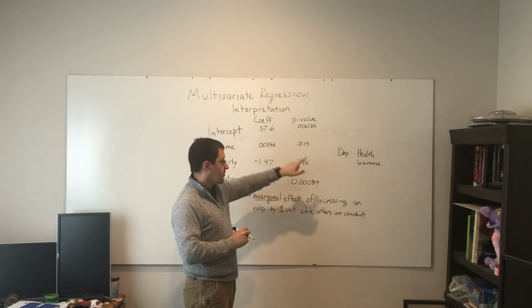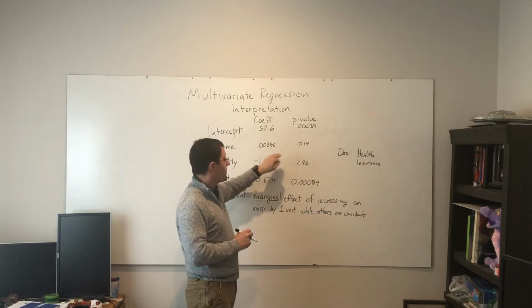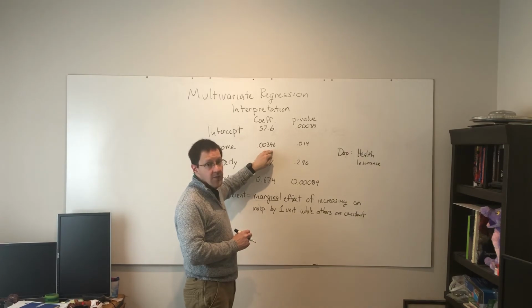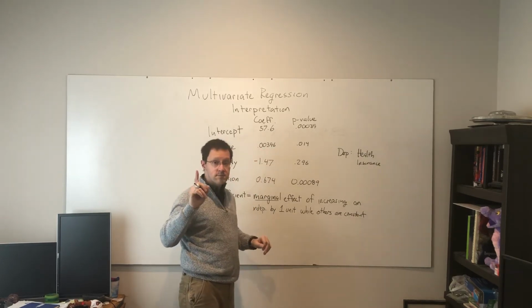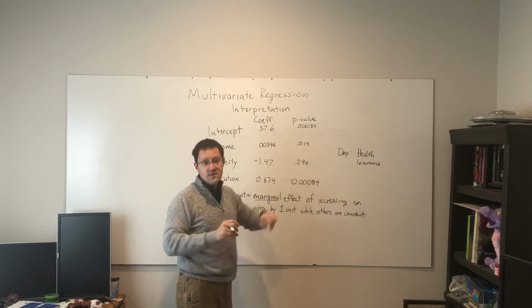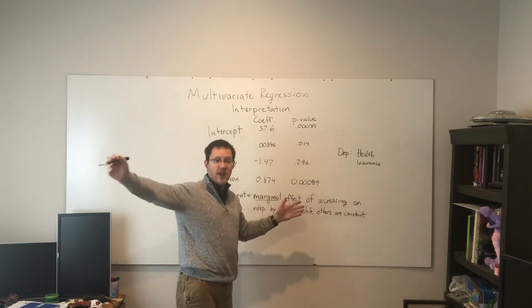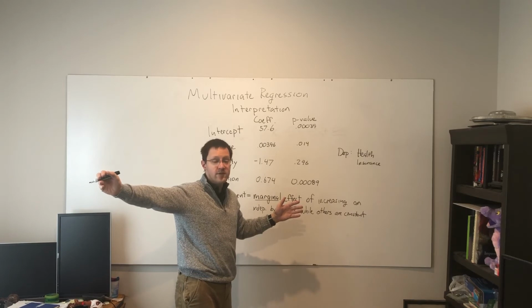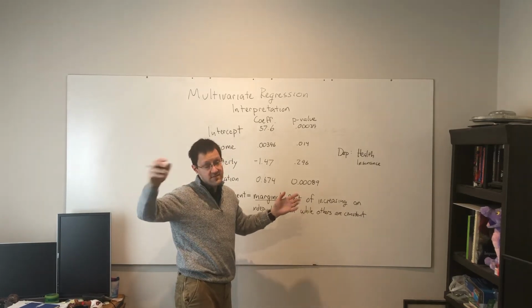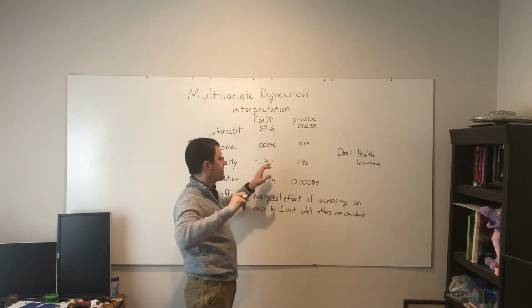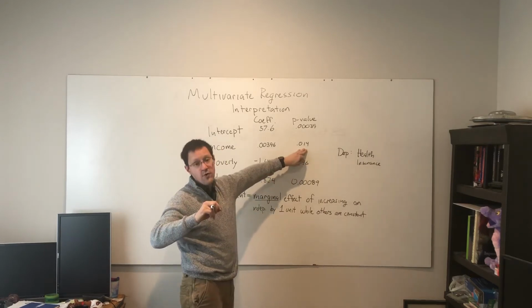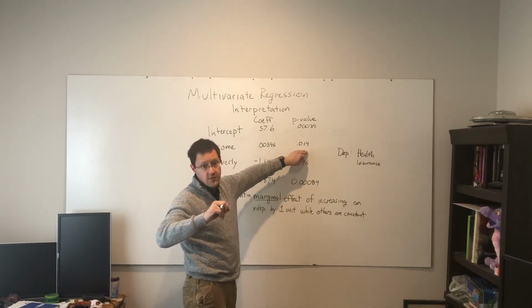What happens to the health insurance rate if I increase the per capita income of a county by a single dollar? Why is this so low? A single dollar in the entire range of 40, 50, whatever, $1,000 is a small drop in the bucket. But a bunch of drops can add up over many dollars to a significant effect.